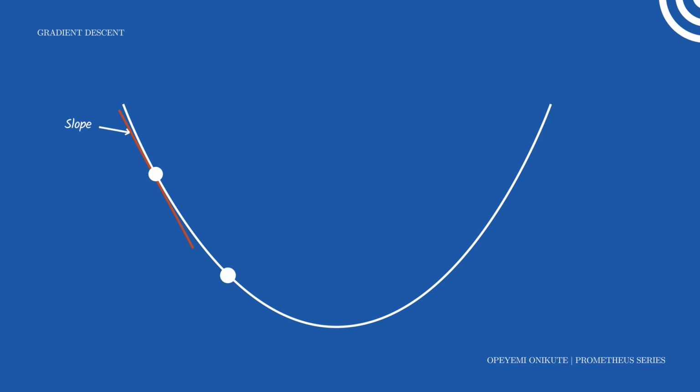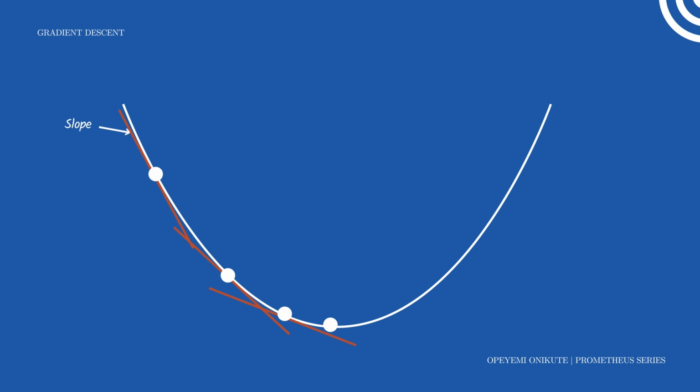You take one step in that direction, and the size of your step is controlled by your learning rate. If you take too big a step, you might overshoot the bottom entirely. Too small, and it will take you forever to get there. You just repeat this process over and over. Check the slope, take a step, until you can't go any lower, and you've arrived. This is gradient descent.